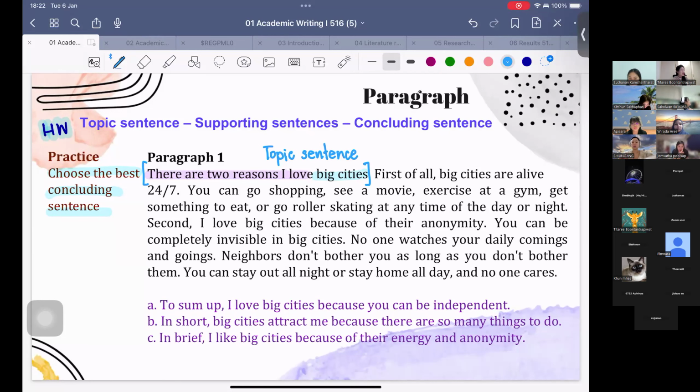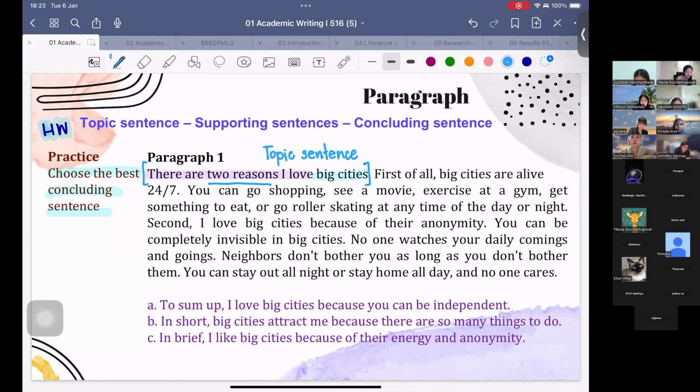Based on this one, you will see that the first sentence would be the topic sentence, which is a little bit different from the one you've seen before. This is a topic sentence that starts with a controlling idea followed by the topic, because it starts with "There are two reasons."